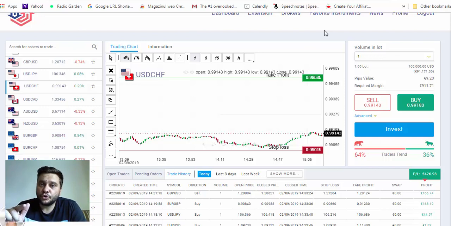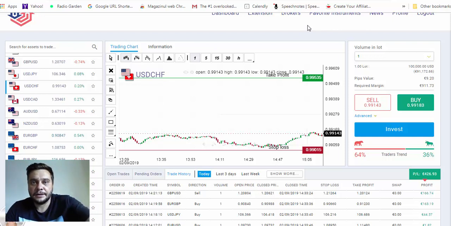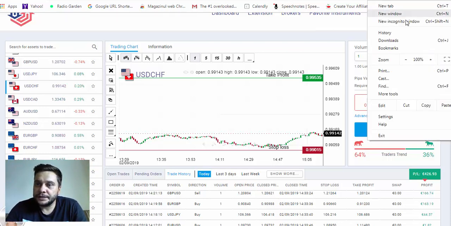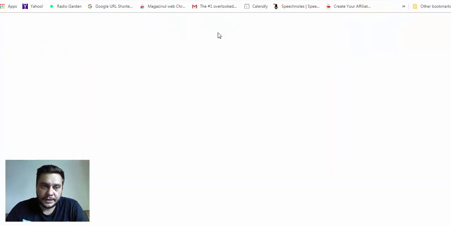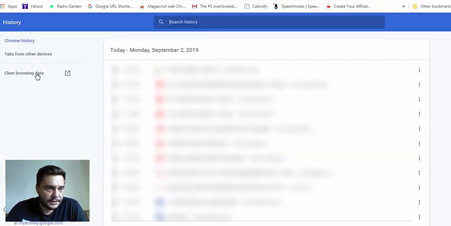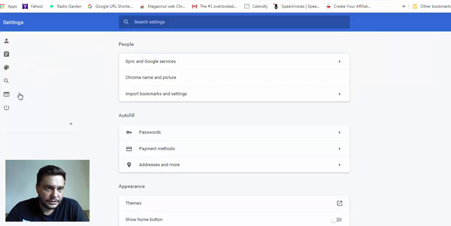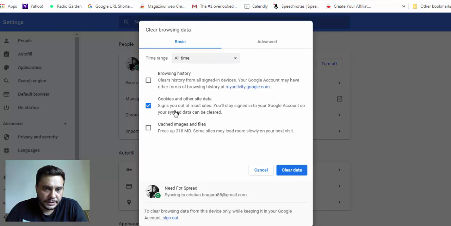And what you need to do also, because there might be some cookies in the back of your Chrome browser, you need to go here on the history, click here history, and here you need to clear your browsing data. Click on clear browsing data, and here you check cookies.